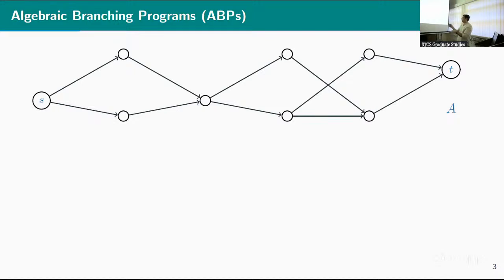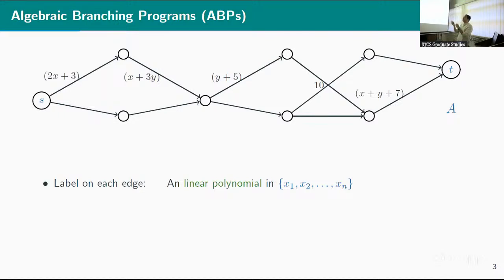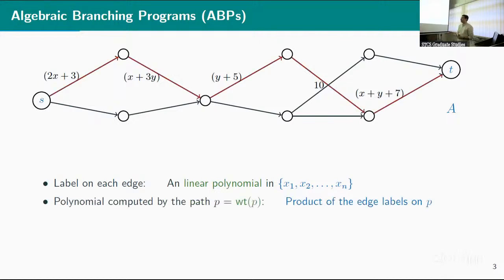Basically the edge labels are going to be some linear polynomials in the underlying variables. All the edges are labeled with such linear polynomials. Each path is said to compute the product of the edge labels that are on the path.